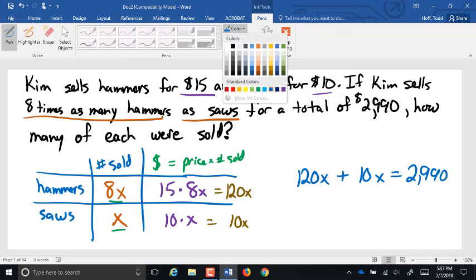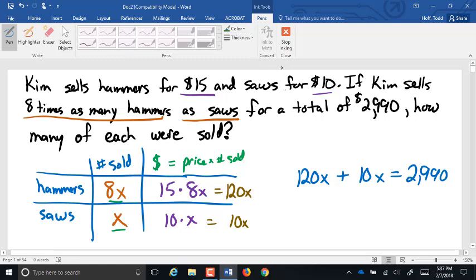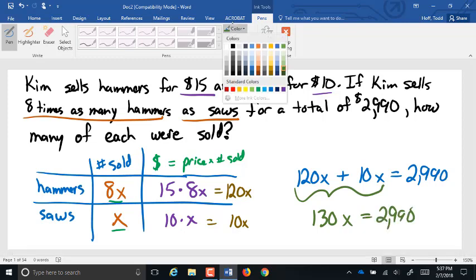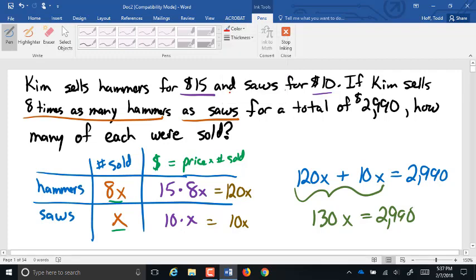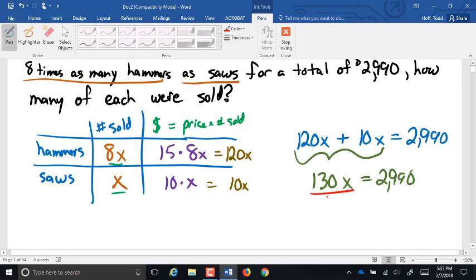And then combine 120X plus 10X is 130X equals 2,990. And then divide by 130. X equals 23.